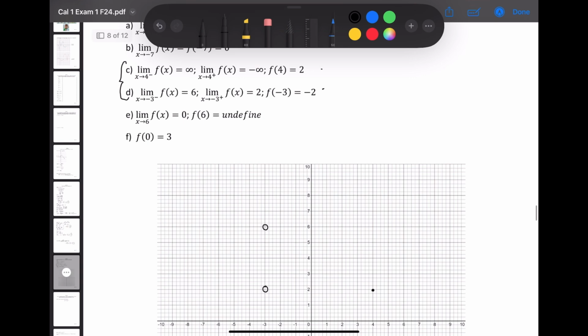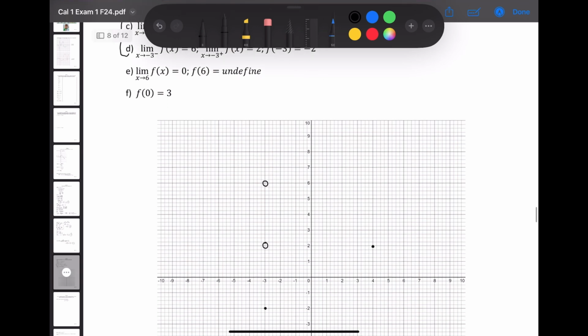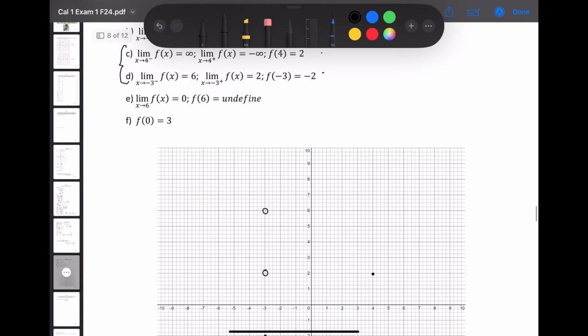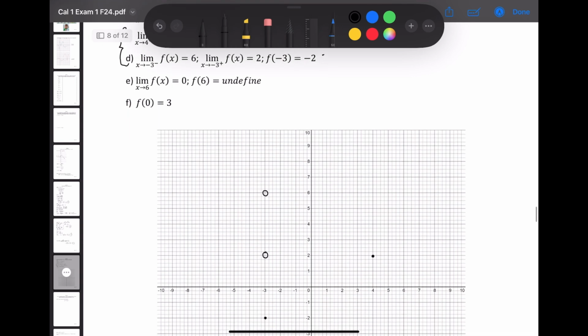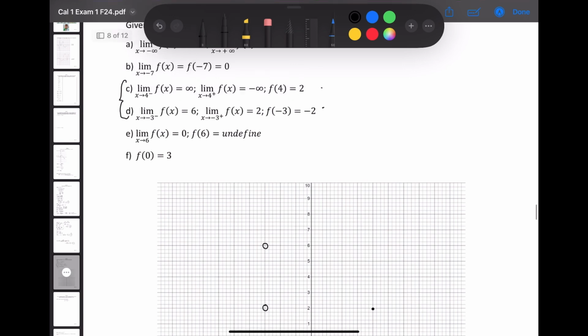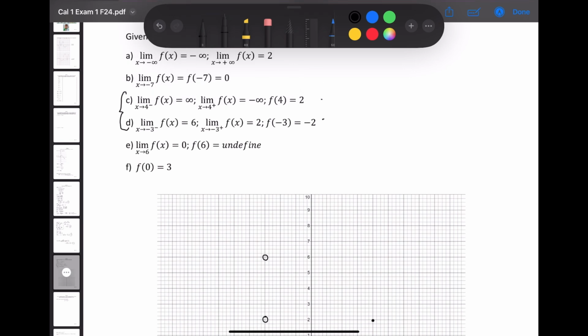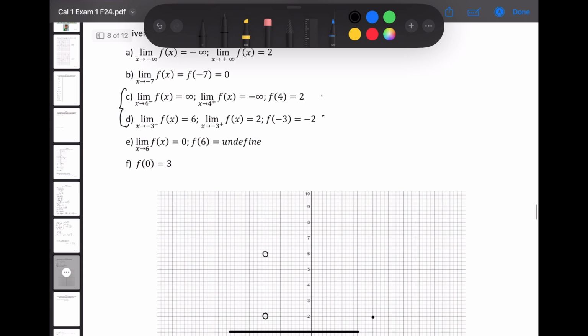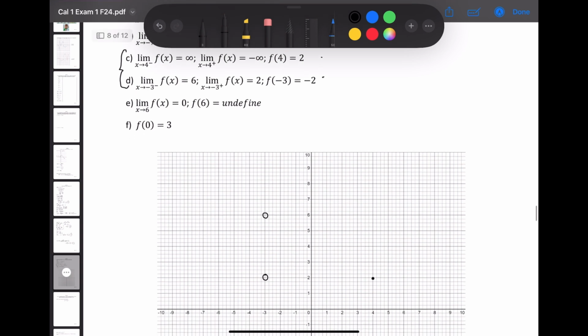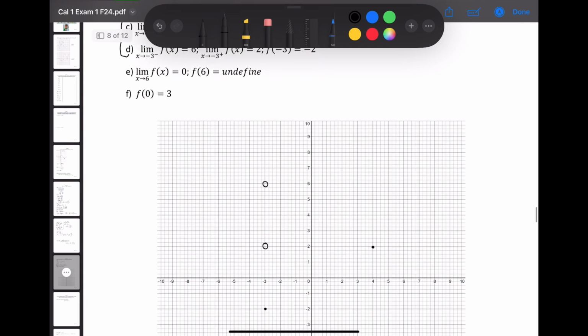And then going back to C, limit x approaching 4 from the left, what does that say? It says positive infinity. So we'll be back with that one. Okay, now doing E. As limit x is approaching 6, f of x is 0. That's going to be an open circle.